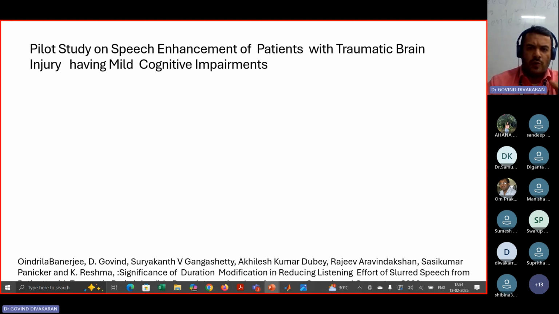This study was presented two years back in 2023 at the Speech and Computer conference. This work has been done collaboratively with doctors, not from AIIMS of course, but they were also a part of that. We consulted them for help with the diagnosis part.